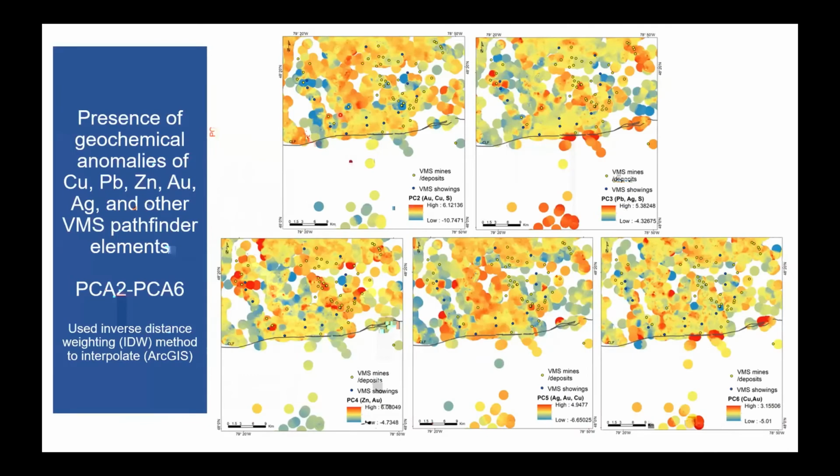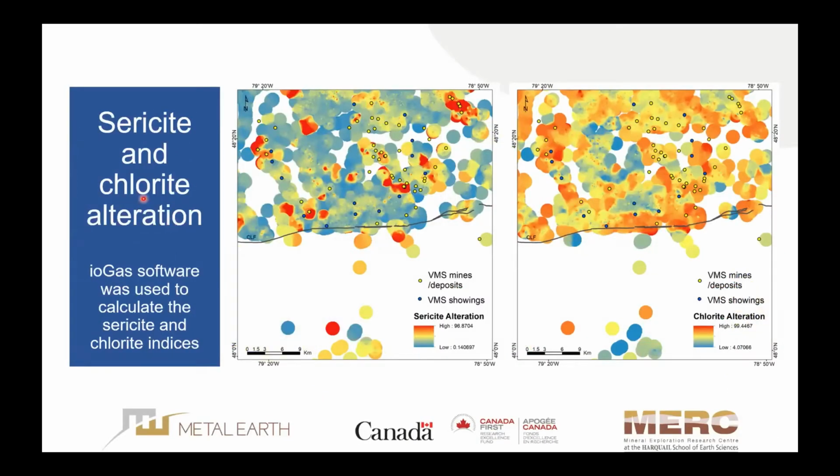Before using these data, the data were interpolated using the inverse distance weighting method in ArcGIS. Also, sericite and chlorite indices were calculated using IOGAS software and then were interpolated to create the alteration predictor maps.